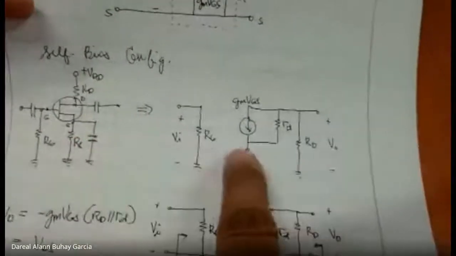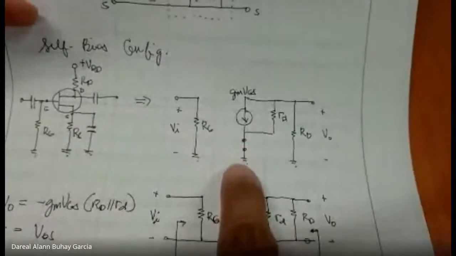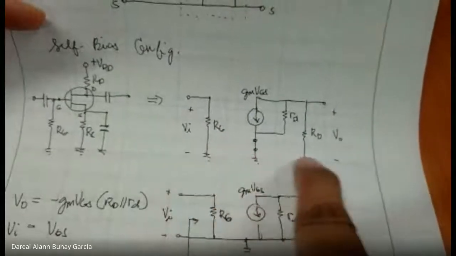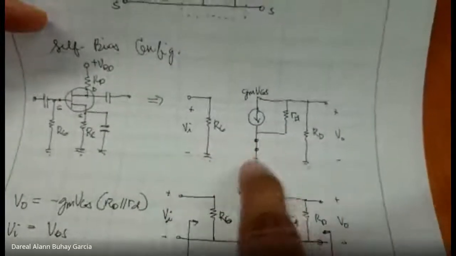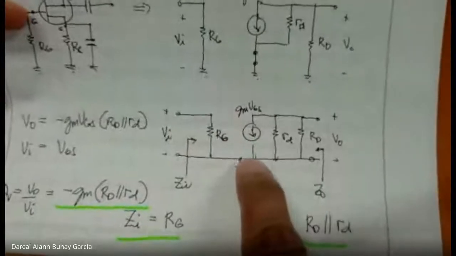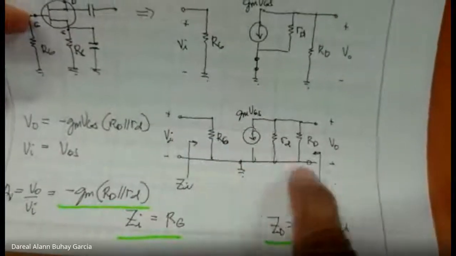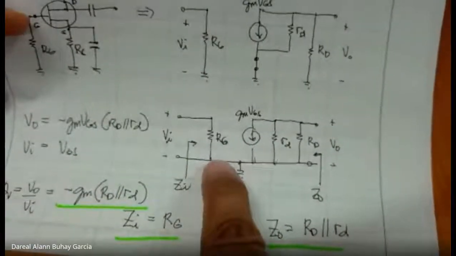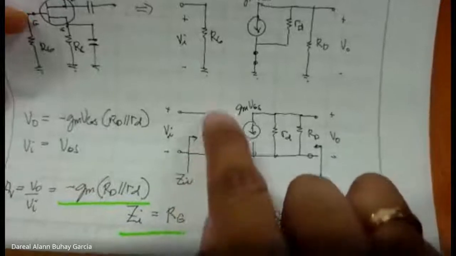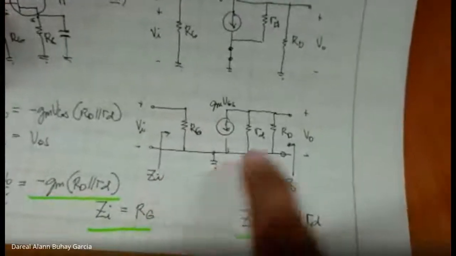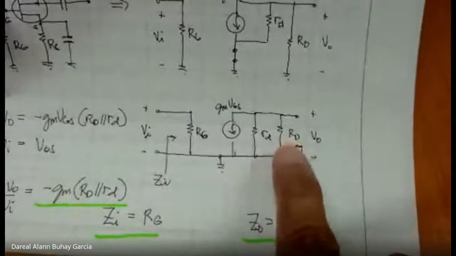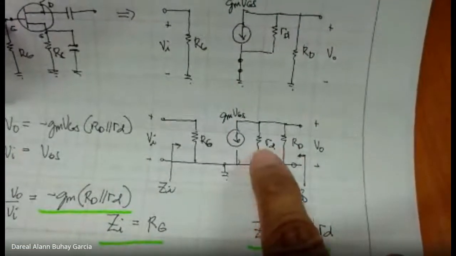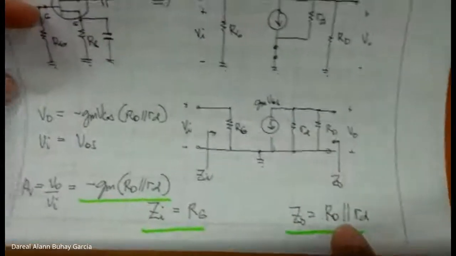Redrawing the circuit, since RS is bypassed, it disappears. The source terminal is common. Input impedance is just plainly RG. Output impedance is the parallel of circuit resistor RD and internal resistance small rd.